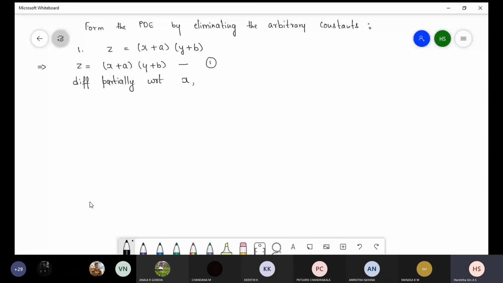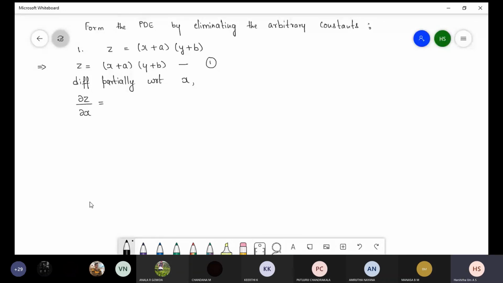What is the differentiation? 0, 1. Yes, dou z by dou x is equal to, on the right side it won't be 0, because we are going to differentiate z with respect to x partially. So in the LHS we have to write dou z by dou x.